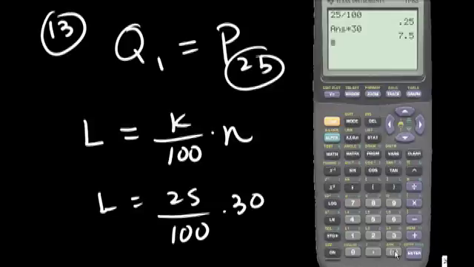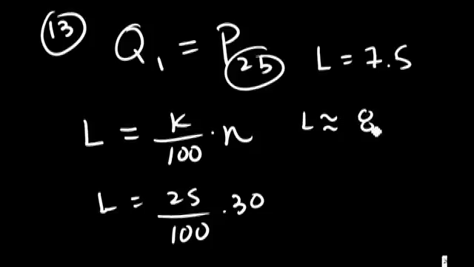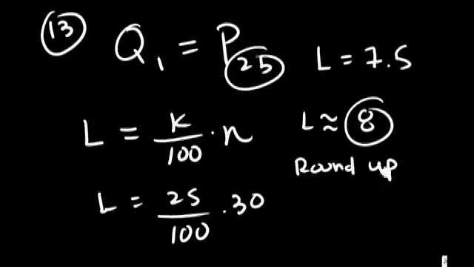The locator is 7.5. Remember, if the locator is a non-whole number or a decimal, we round this value up. We round up, not off. It happens to be the same value as if we rounded off, which is the value 8.